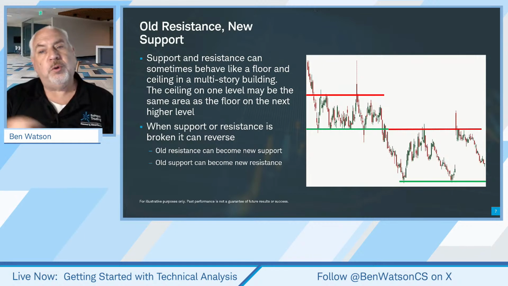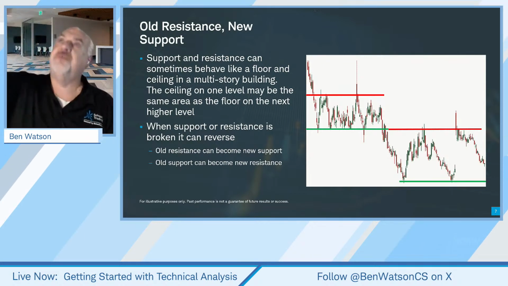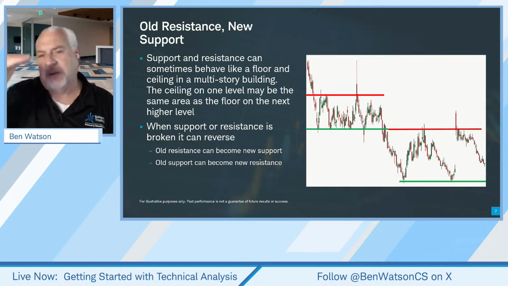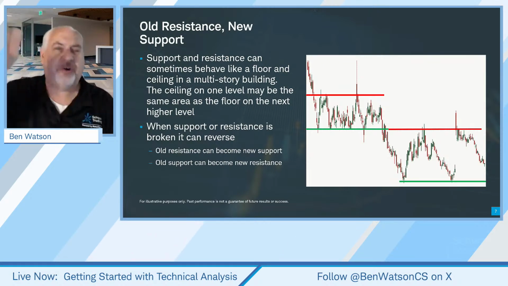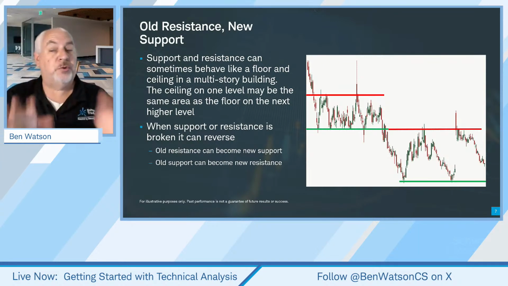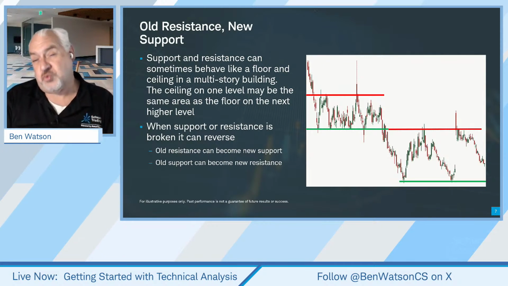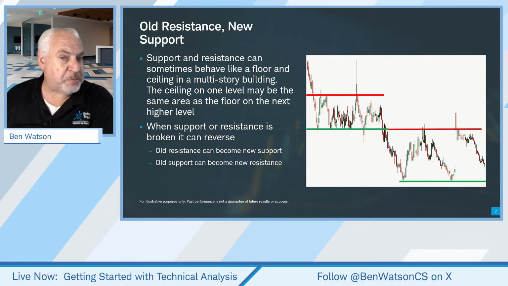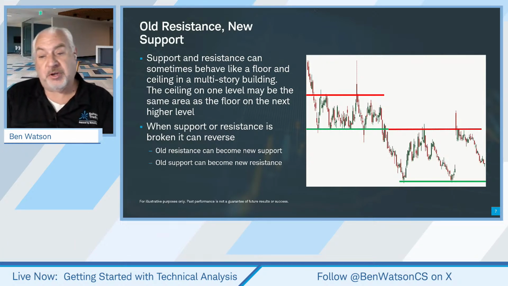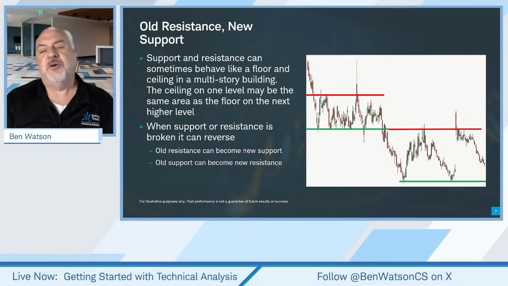So old resistance may become new support. If price goes up through the resistance, that now becomes potentially new support if price comes back down and retests it. So when support or resistance is broken, it can reverse its role. Old resistance can become new support, and old support can become new resistance overhead.